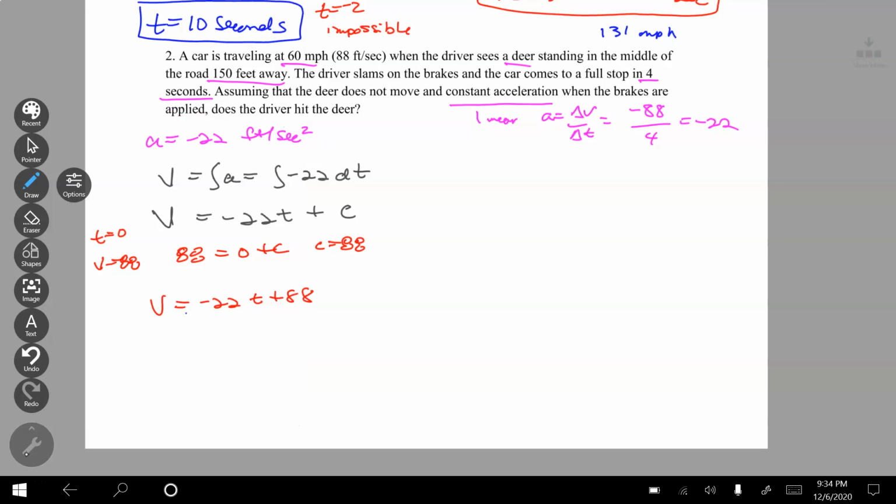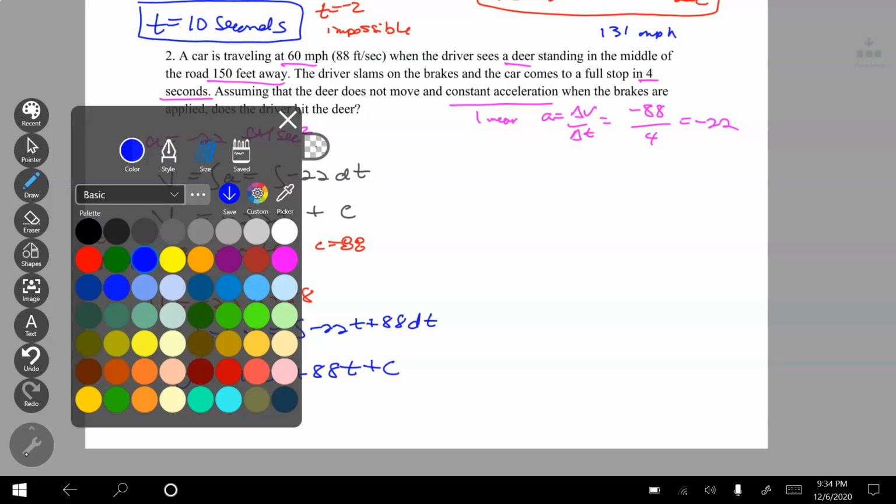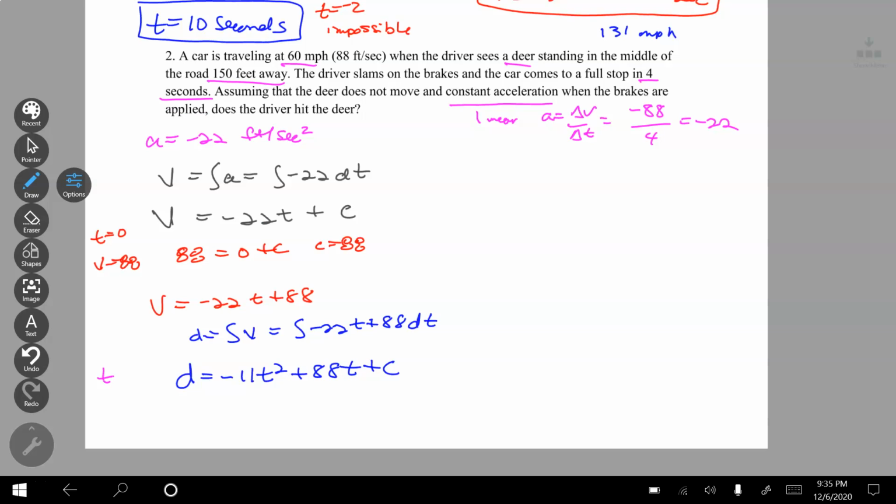And now my distance will be the antiderivative of my velocity, or negative 22t plus 88 dt, or my distance equation is negative 11t squared plus 88t plus c. But I do know when t is equal to 0, I haven't gone anywhere.